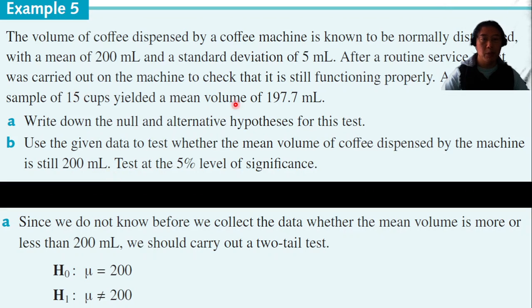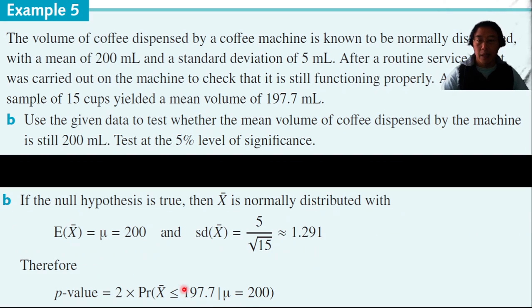We're going to need the sample size, the mean value of the sample, but also the standard deviation of the population that we're going to recalculate using the sample size. So here it is. The expected value is 200. The standard deviation is 5 over root 15, with the sample size.